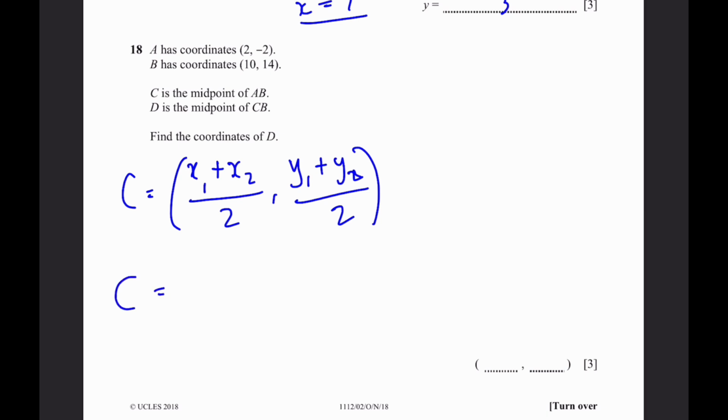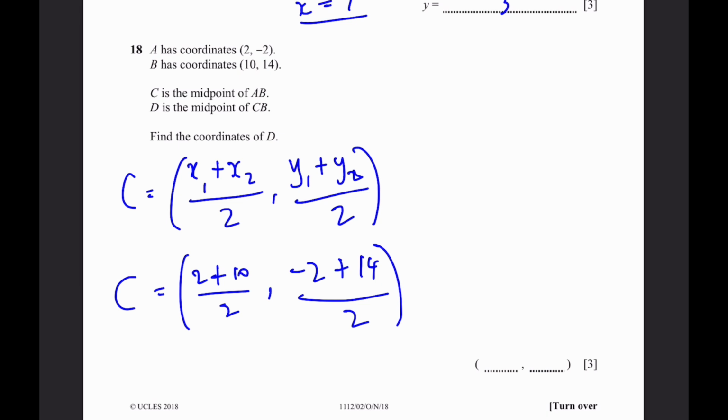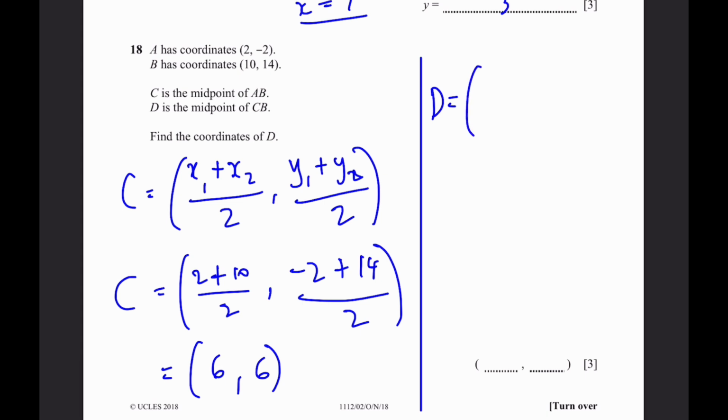So the point C will be 2 plus 10 by 2, comma, minus 2 plus 14 by 2. And when we do that, we get (6, 6). Now we can find the midpoint of CB. So D will be x1 plus x2 by 2.